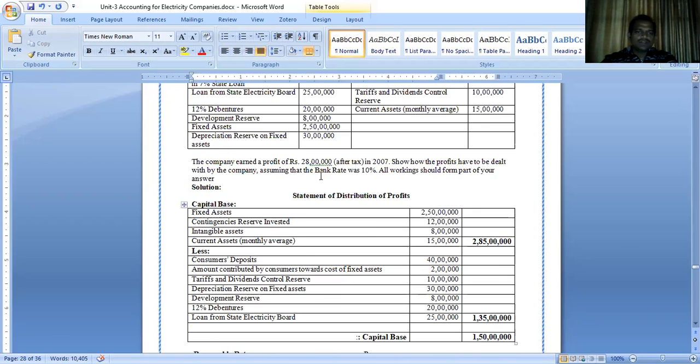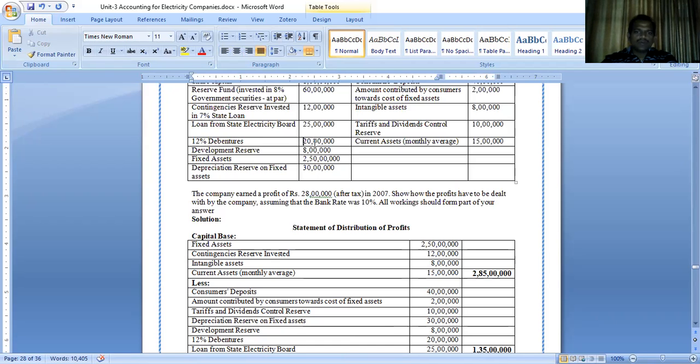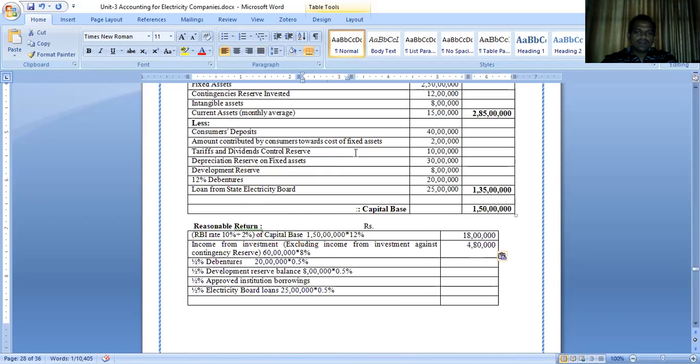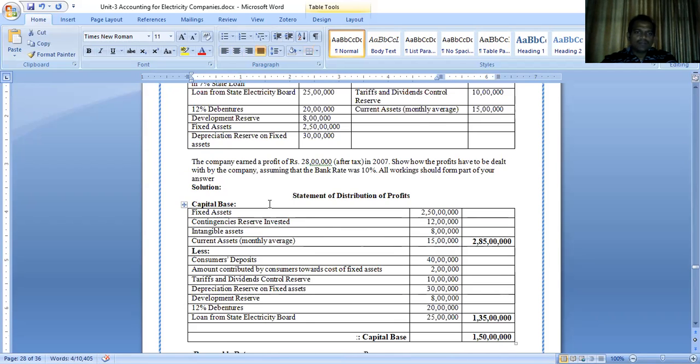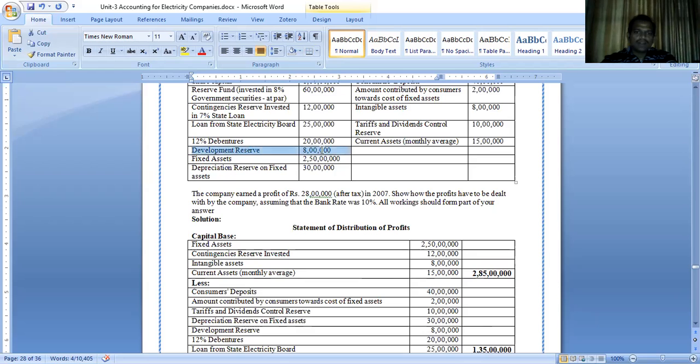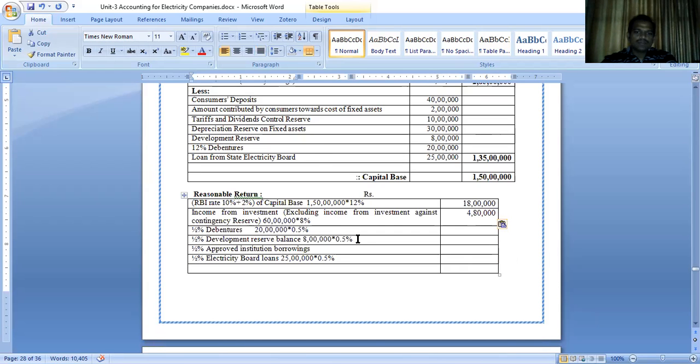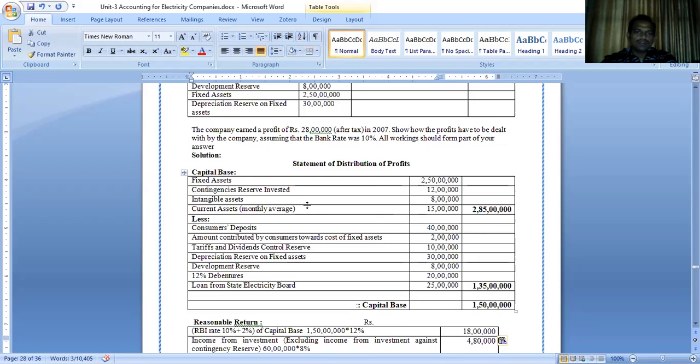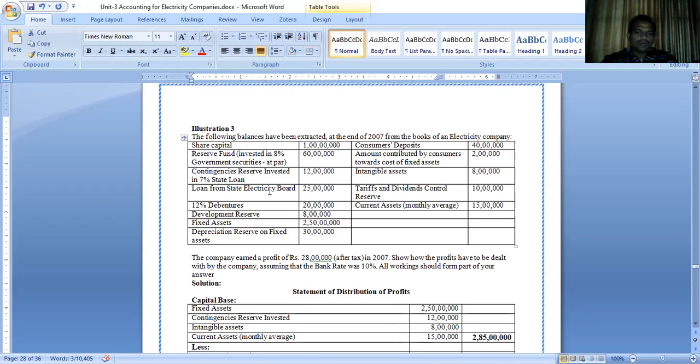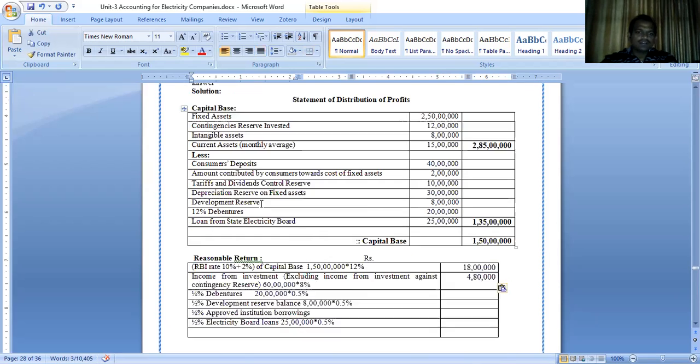Debentures: we have debentures of 20 lakhs, and half percentage we have to calculate on that. Development reserve: we have development reserve of 8 lakh, on that we have to calculate 0.5 percentage. Approved institution borrowing, approved by the state governments: there are no such borrowings, but we have a loan from the state electricity board.